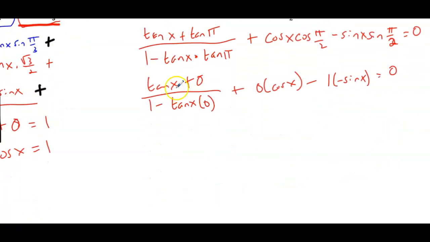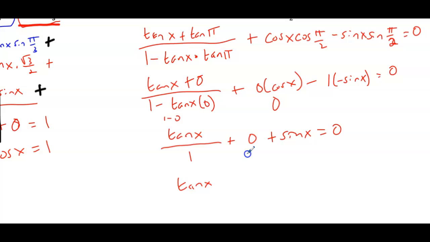Now, tan x plus 0 is tangent x. Anything plus 0 still remains the same. 0 times tangent x is 0, so that's 1 minus 0, which is 1. 0 times cosine of x is 0, and this negative and this negative becomes a positive, so plus sine of x. So now tangent x over 1 is tangent x plus sine of x.